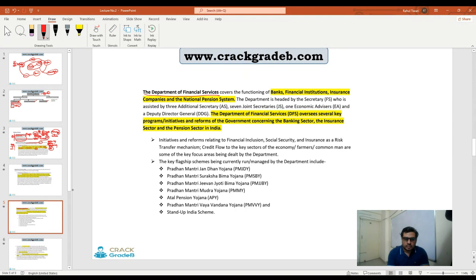The Department of Financial Services covers the functions of banks, financial institutions, insurance companies, the national pension system, right?